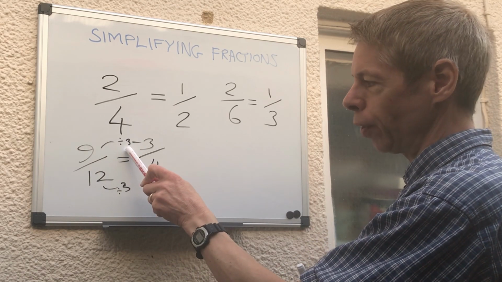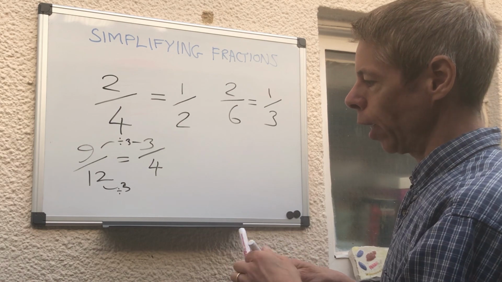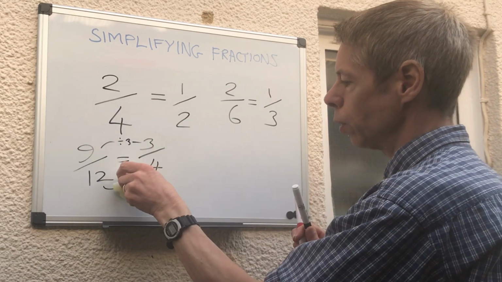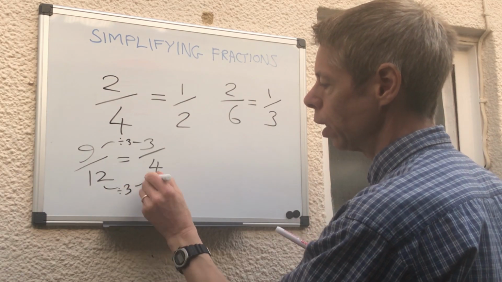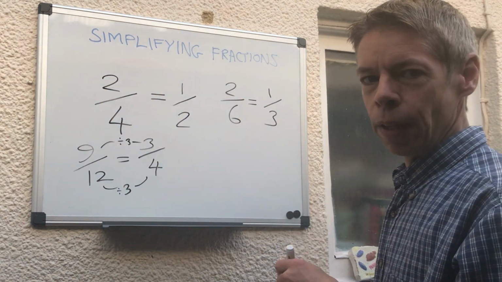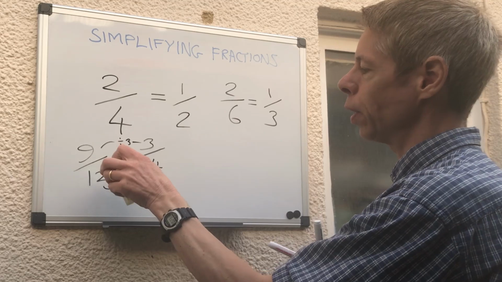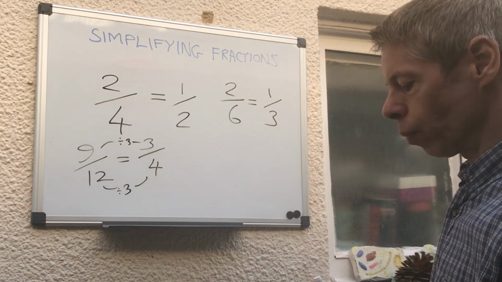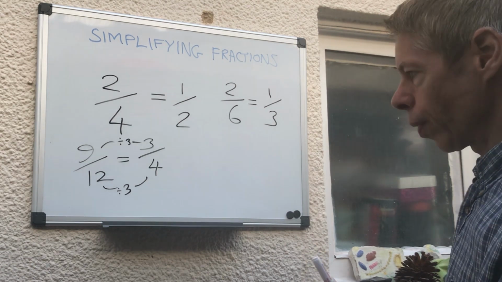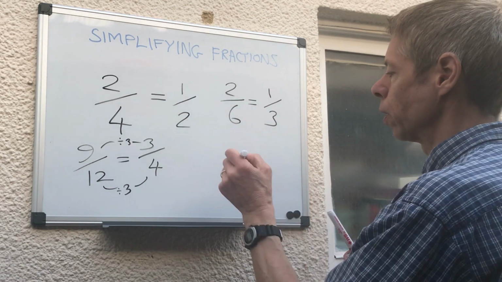Because we divided by 3 there, we must divide by 3 here. So 12 divided by 3 is 4. So that little saying, whatever you do to the top number, you've got to do the same to the bottom number. Okay, so another one we could do is 6/9.